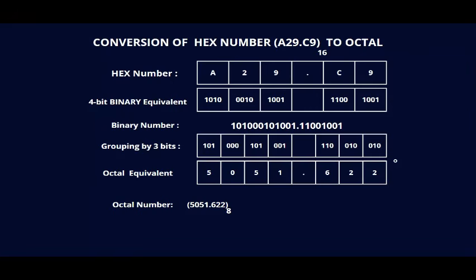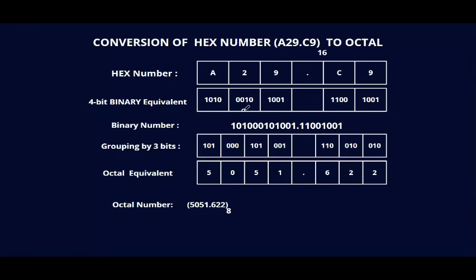Let me explain this with an example. So here we are trying to convert the hex number A29.C9 to octal. So what we do is we replace each of the hex digit with its 4-bit binary equivalent.